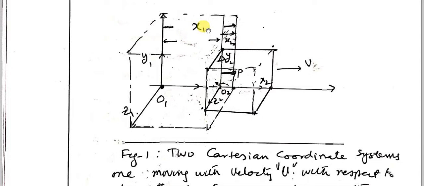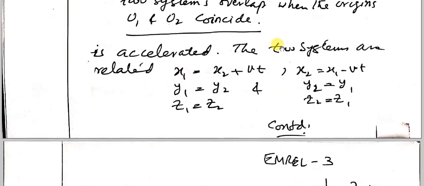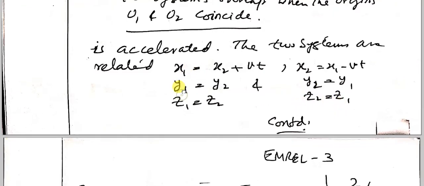It will be the difference of these two, so it will look like system 1 is moving away from system 2. So x2 will be equal to x1 minus vt. Since there is no motion along y and z, y1 is equal to y2, z1 is equal to z2. Similarly, y2 is equal to y1, z2 is equal to z1. The motion is along x only.